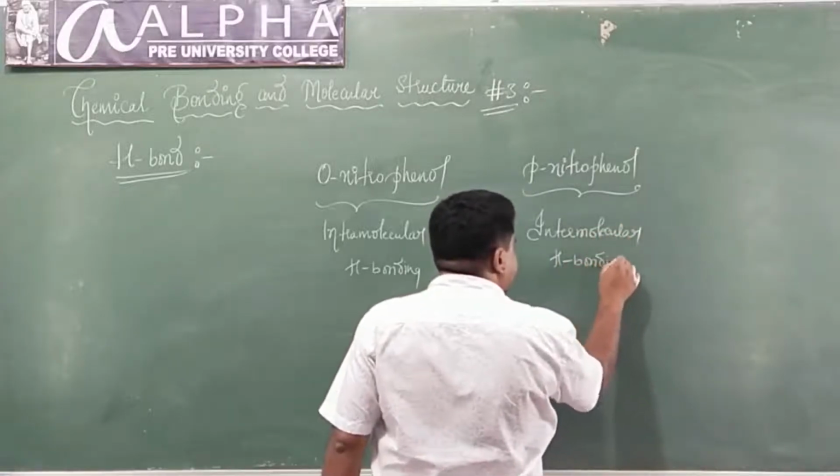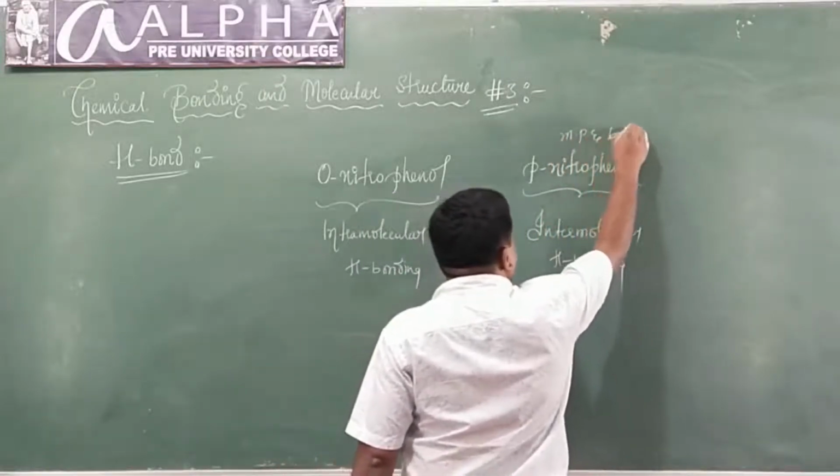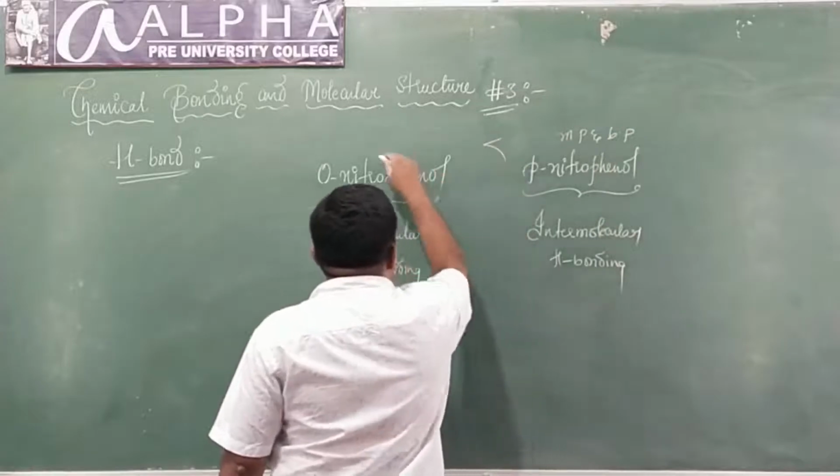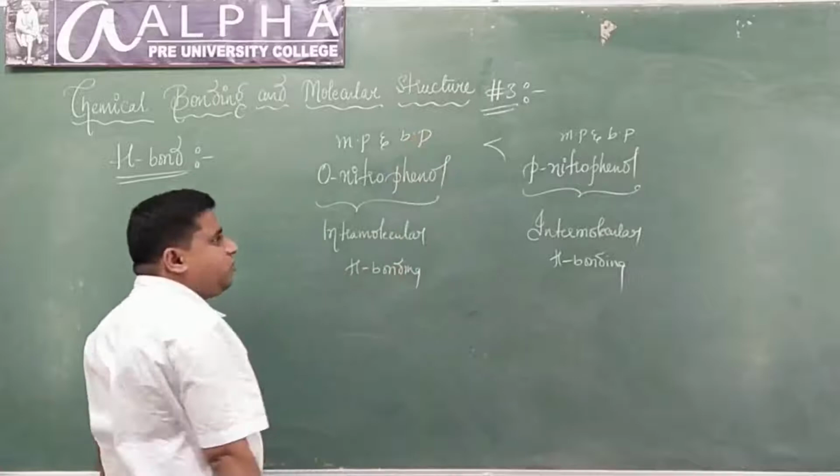So the melting point and boiling point of paranitrophenol will be more than the melting point and boiling point of orthonitrophenol.